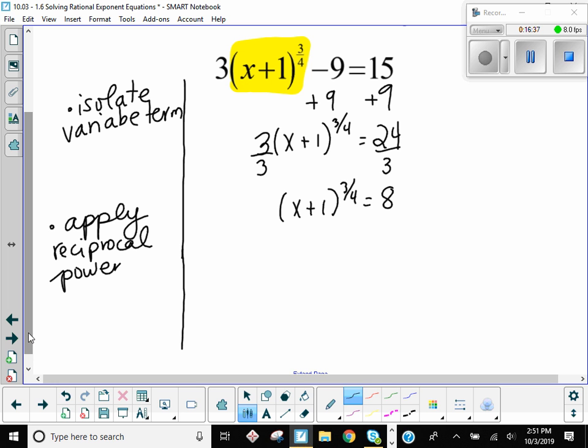Okay? So both sides to the 4/3. Do I need to do plus or minus here? No, because the root that I just applied to both sides is what kind of number? Even or odd? Odd.